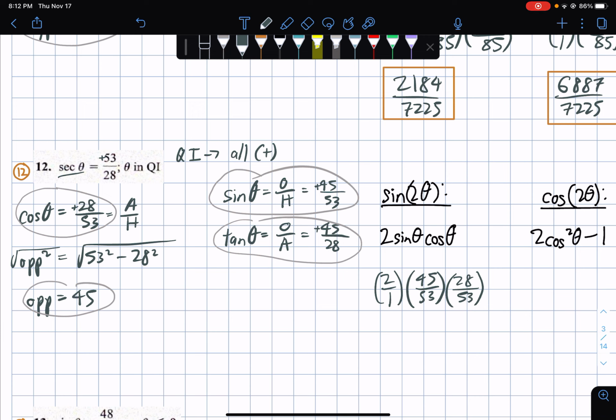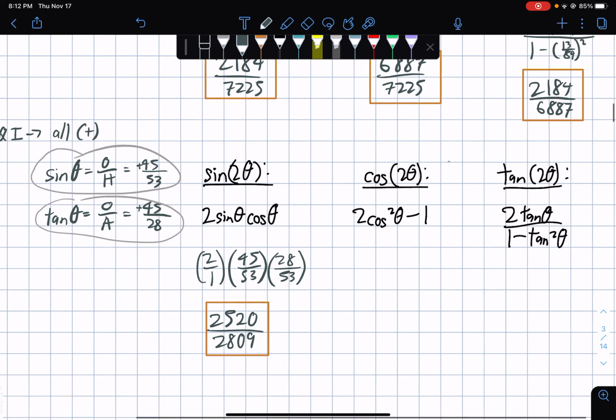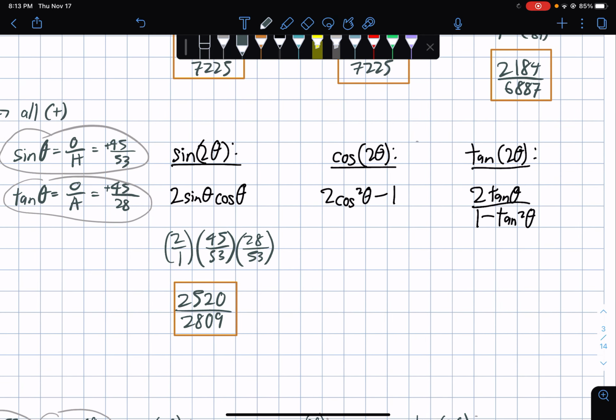We have an answer of 2,520 over 2,809. Cosine 2 theta, we have 2 over 1 times 28 over 53 raised to 2, minus 1. So the answer is negative 1241 over 2809.